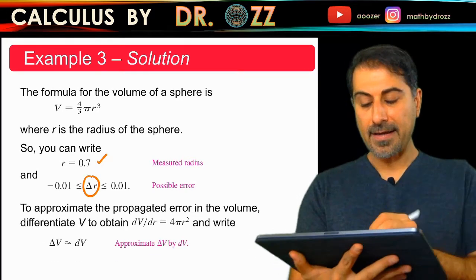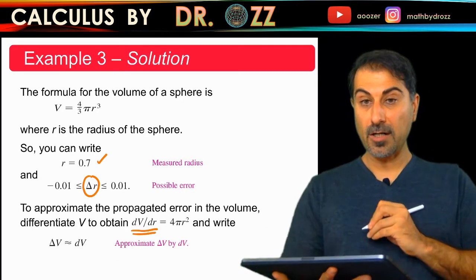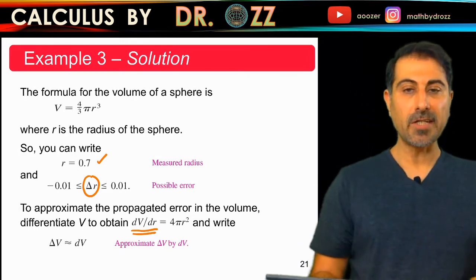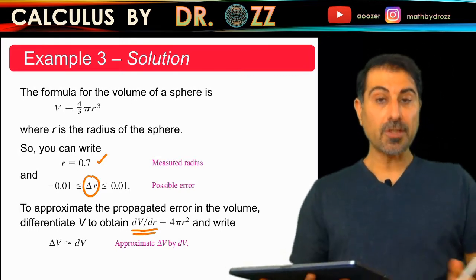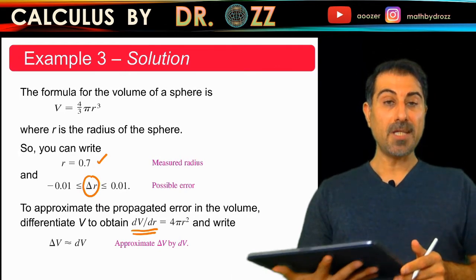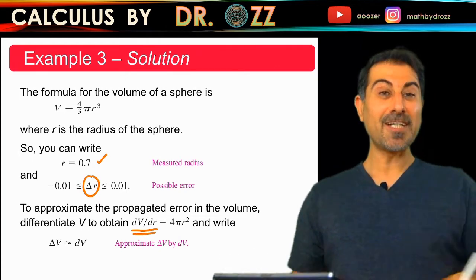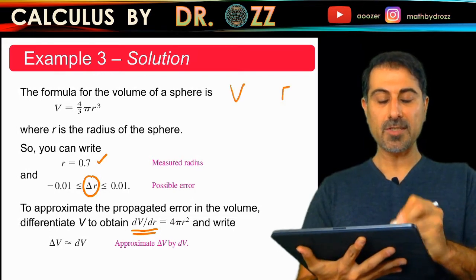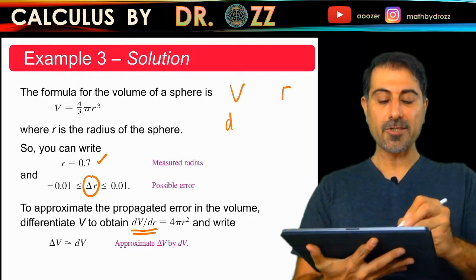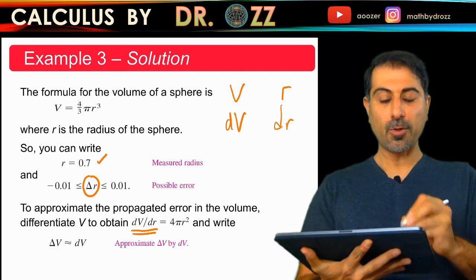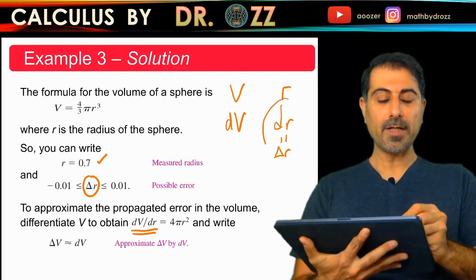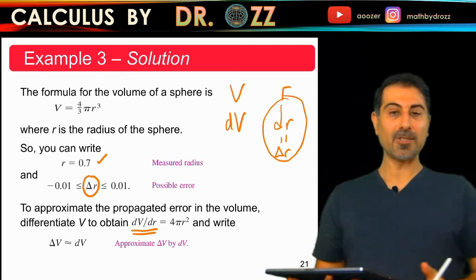What else do we have? We have dV over dr, because V is a function of the radius. So we need the first derivative of V to be able to evaluate the differential of V. We have two quantities again: one is V, the other one is r, and we have the differential of V and the differential of r, or delta r, and these two quantities are essentially the same as we discussed earlier.